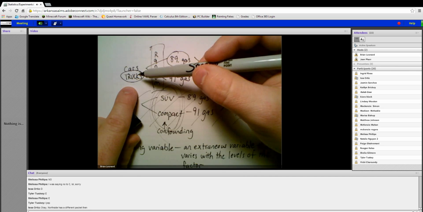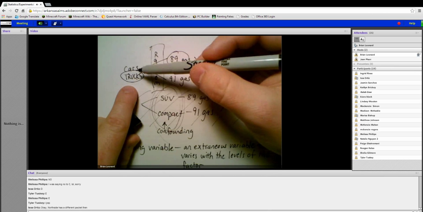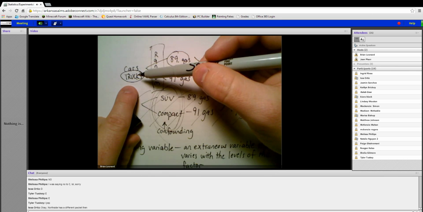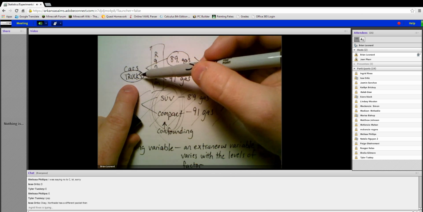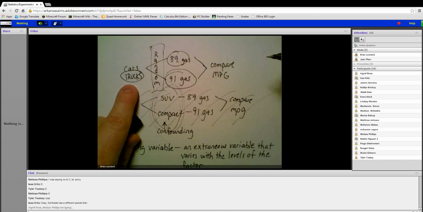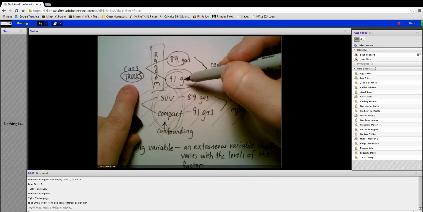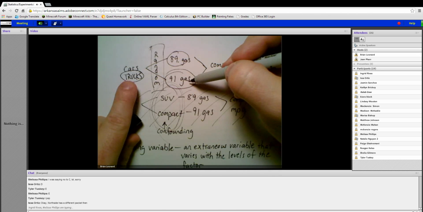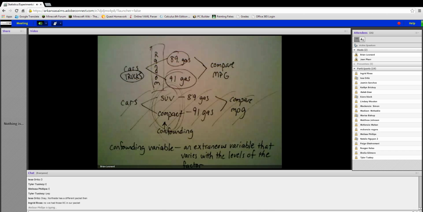I had some Tacomas, all sorts of different trucks. Okay? Now, if all that I used is trucks, and I show that the 91 gas actually does better, can I say that 91 gas will do better for a compact? Well, and the answer is no.